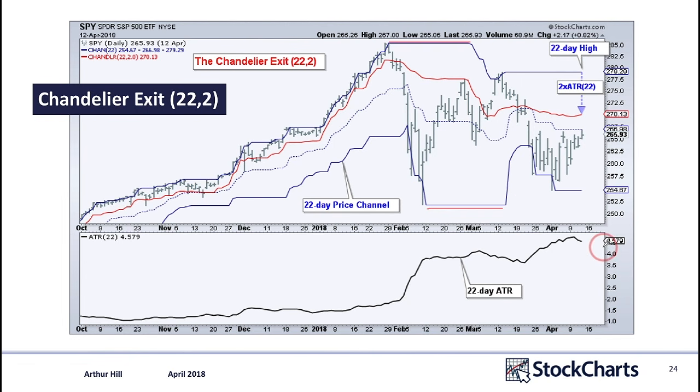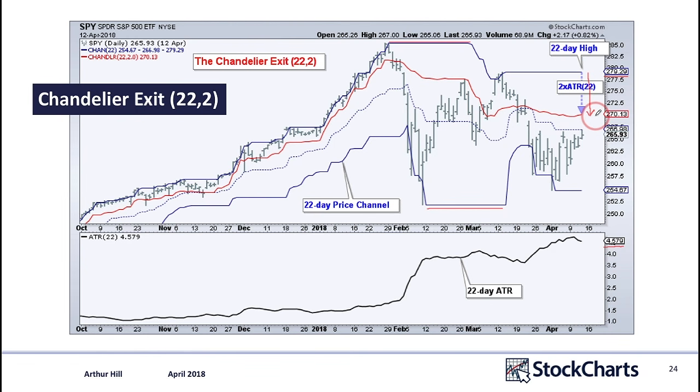And you can see here the ATR is 4.579, and the 22-day high up here is 279.22. So it multiplies that ATR value by 2 and subtracts that sum from the 22-day high, and that's where you get your Chandelier Exit.